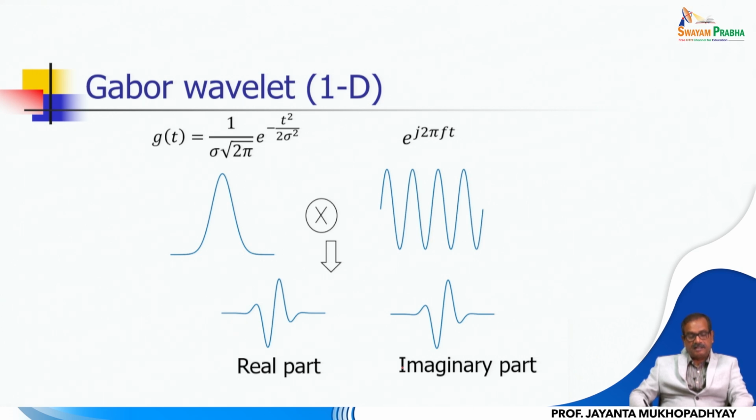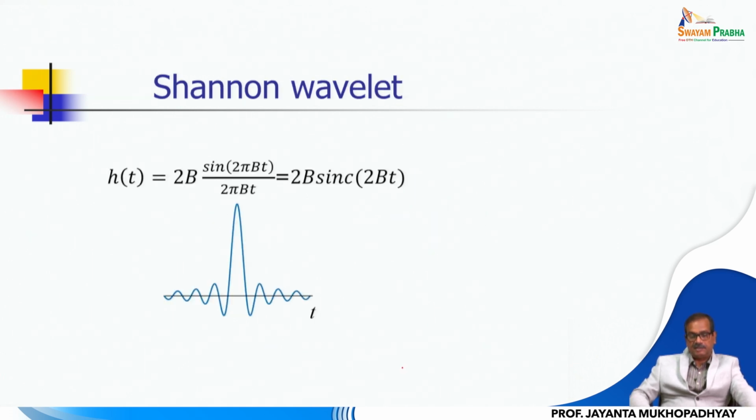What you can see here is that the parameters are sigma and also frequency. Those are the parameters that can define a family of Gabor wavelets. There is also another wavelet we call the Shannon wavelet. Say you consider this function, which is commonly called the sinc function.